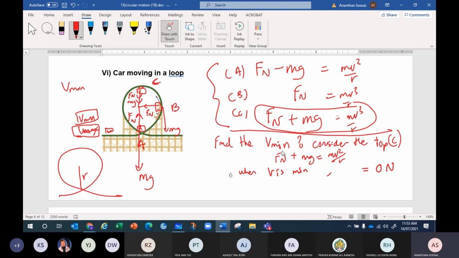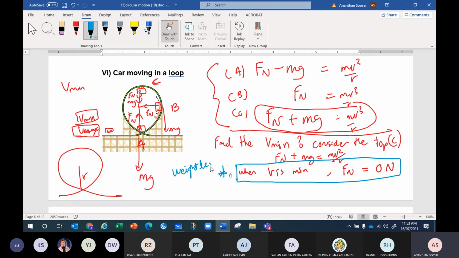In this equation, the normal force becomes zero. This is a very important statement. Again, this is called weightlessness. You will experience weightlessness. It's a very good experience.